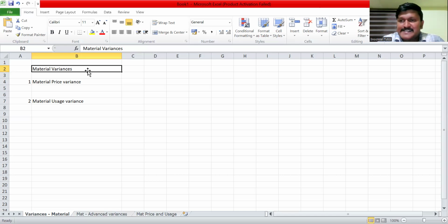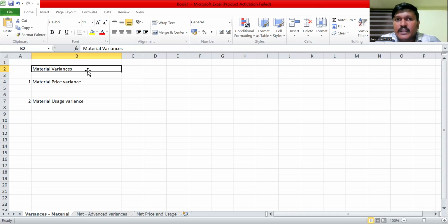Now the second reason for the variance could be this. Let's assume that for producing 1 unit of A, you expected to use 5 kg of this material. But in reality, instead of 5, I have to put in 6 kg. So I was expecting to use only 5 kg, but we used 6 kg.